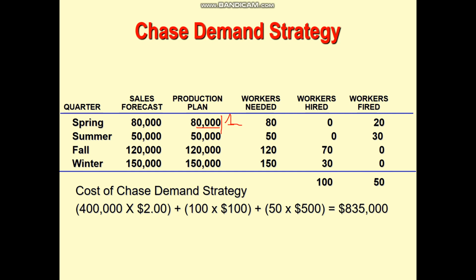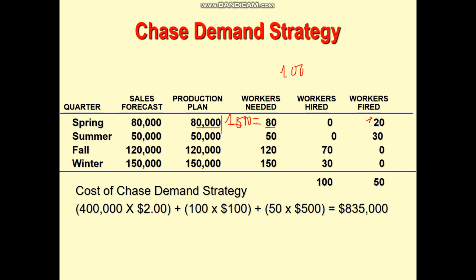So 80,000 divided by 1,000, so we need 80 workers. However, the initial workers we have now is 100, but we only need 80, so we will fire 20, and we don't hire anyone.